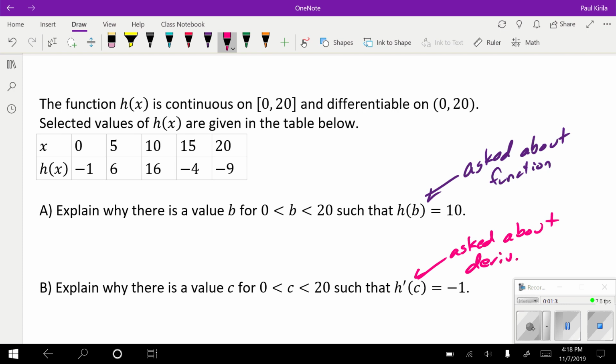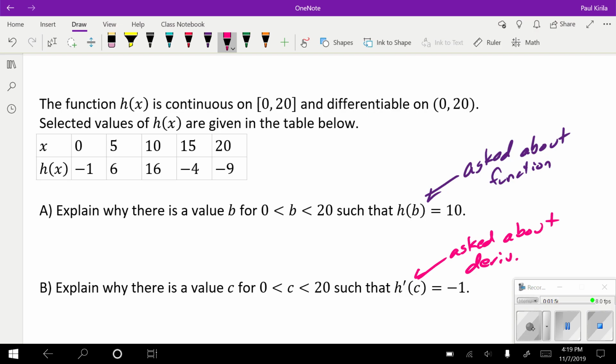If you remember, the intermediate value theorem is specifically about the function values, whereas the mean value theorem, while function values are part of it, is really about rates of change, which means it's about derivatives or slopes of secants. And it's the slope of the secant that the function values show up in, but it's really about derivatives.